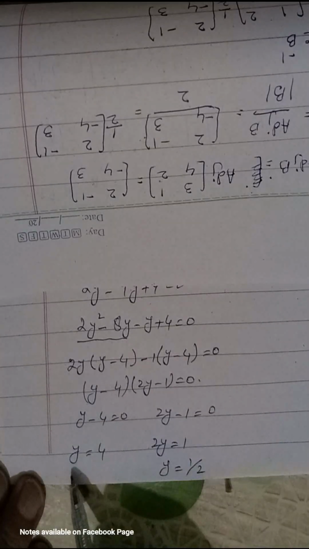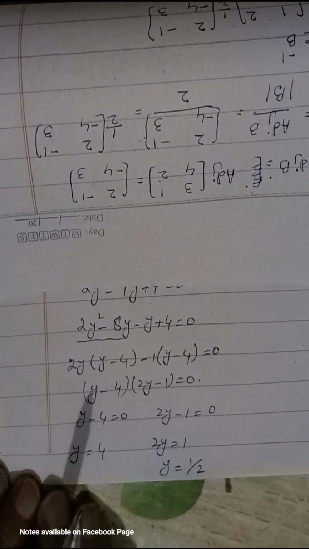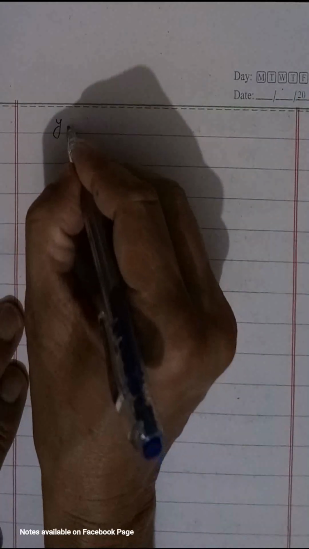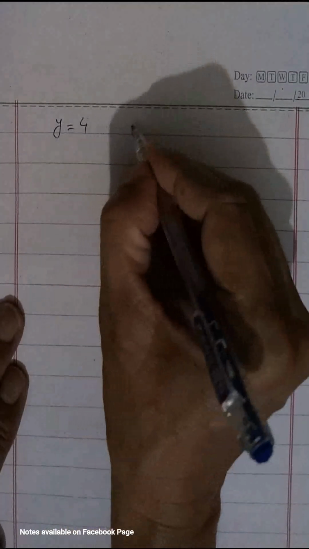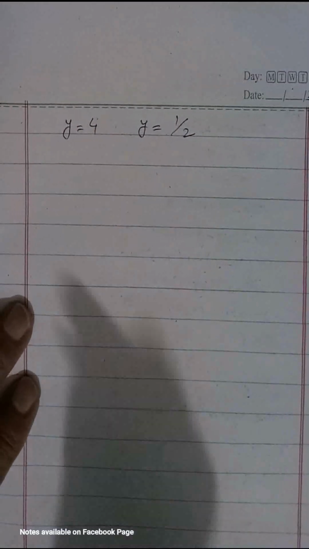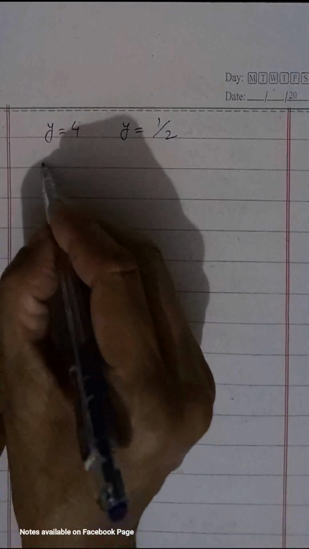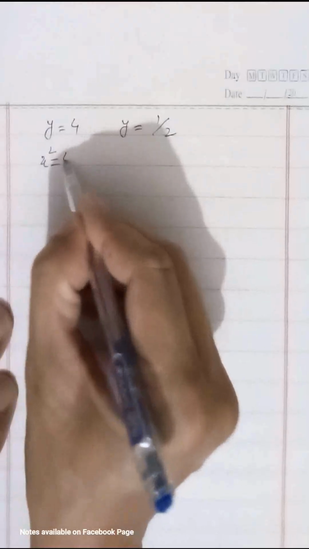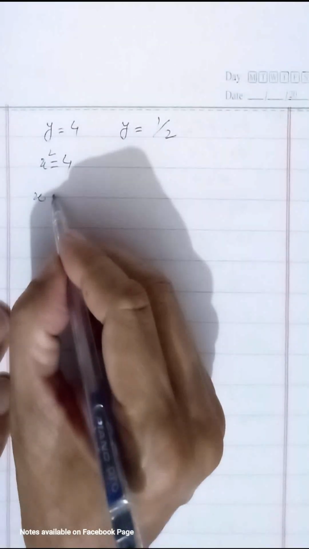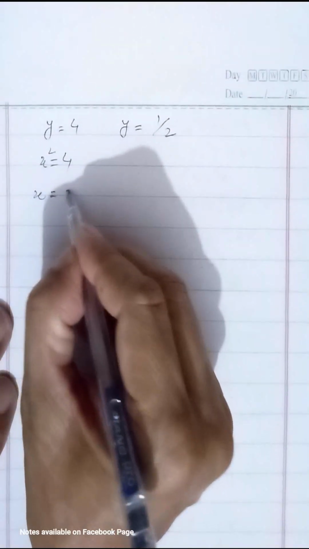Now we put x square instead of y and find the values of x. y is equal to 4 and y is equal to 1 over 2. We know that y is equal to x square, so x square is equal to 4, and taking the square root on both sides we get x is equal to plus minus 2.